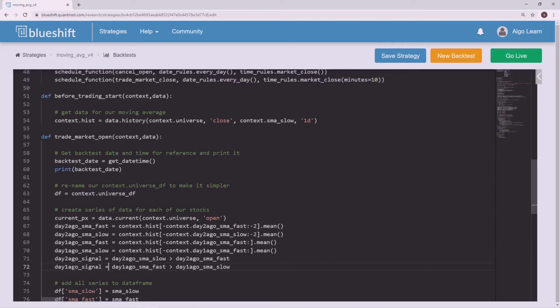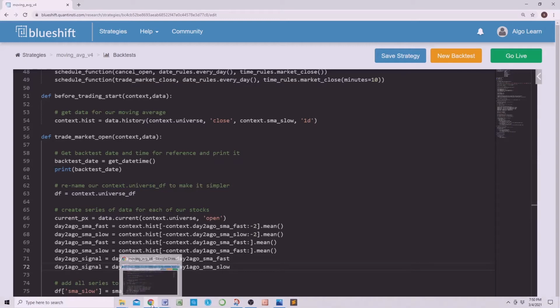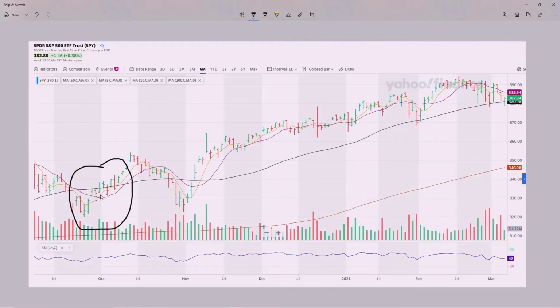And if we look at our day 1 data, which is just our yesterday's close, fast above slow, and here we are. Yesterday's close, so that's day 1 ago. The fast line, which is the 5-day moving average, is above the 10-day moving average.